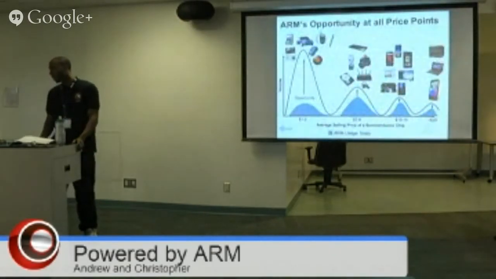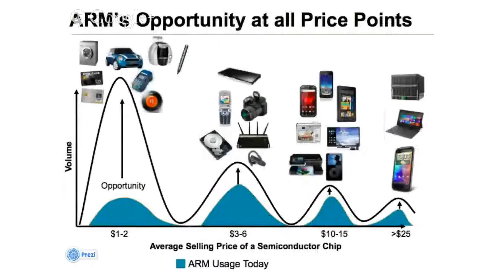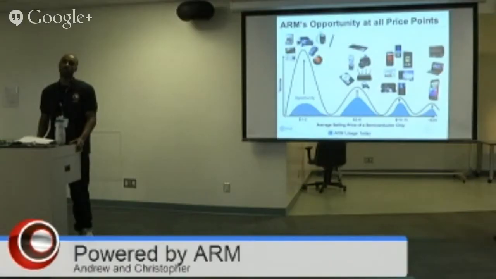my next slide here shows basically where ARM is going in the future. They have the greatest market share in embedded applications such as credit cards, washing machines, automobiles, and they could sell a chip for anywhere between $1 to $2 per device, which is very low.